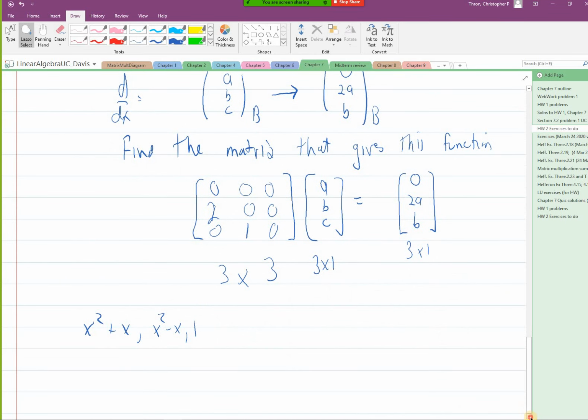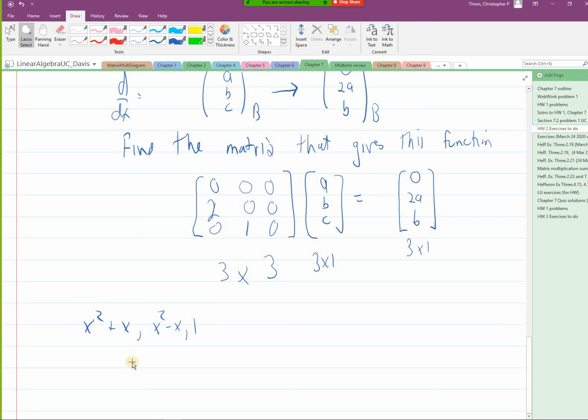Because the time is short, let me just write down the equation that you want. You want to find d/dx of a times x squared plus x plus b times x squared minus x plus c times 1 equals question mark.